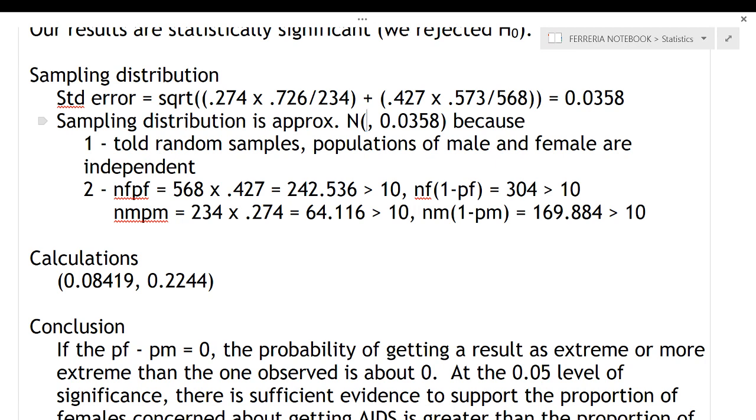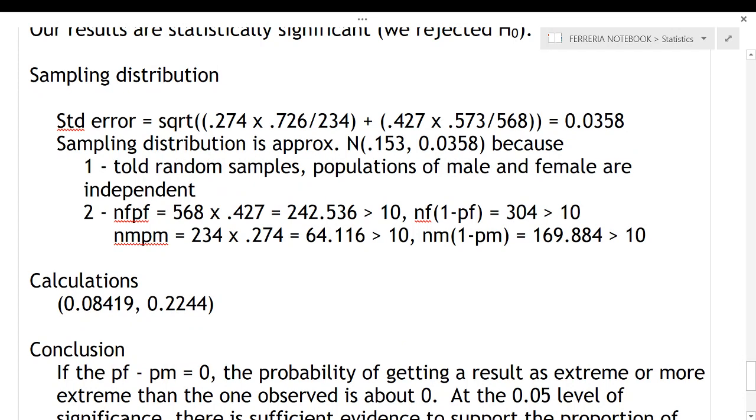For confidence intervals, it's 0.427 minus 0.274, which is 0.153.